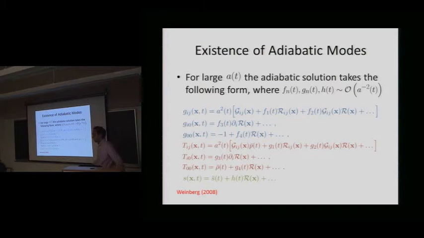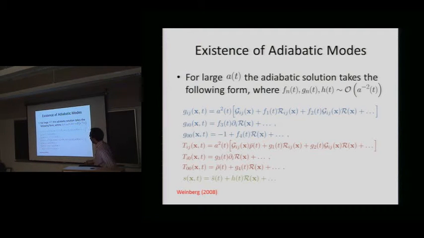And so specifically when a mode is far outside the horizon, when a is large, these are small corrections. Likewise, the same would be true for the G and H down here. So what we can see is that the leading part of the space-time part of the metric vanishes for large a of t, G00 versus minus 1.